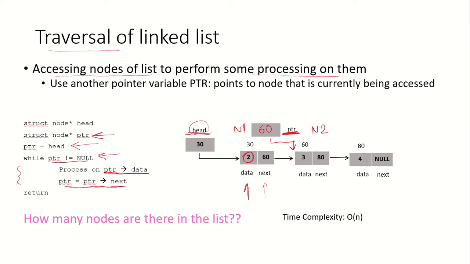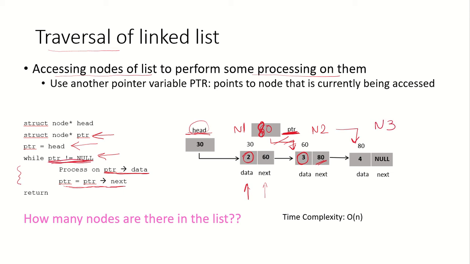Again PTR is not null, so we will go within the loop and process the data element PTR arrow data. We will process it and update the PTR value to PTR arrow next. So now PTR becomes 80 and it starts pointing to node 3. Is PTR equal to null?